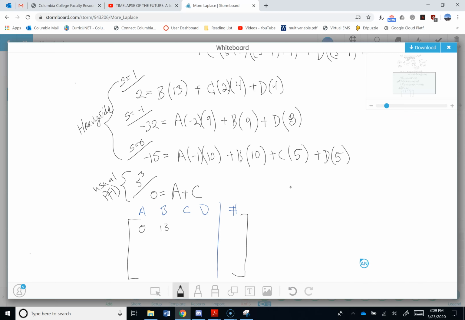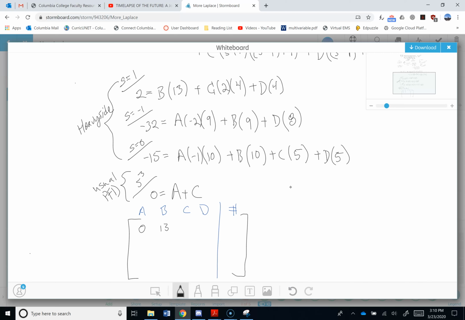But all I'm doing is stripping the coefficients off. So I'm looking at the first equation, which says 2 equals B times 13, right? And I didn't have any A's in that equation, so I have a 0 here. I had 13 B's, 8 C's and 4 D's, and then my number on the other side is 2.